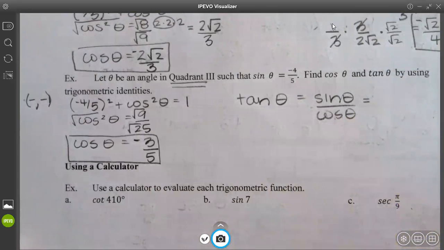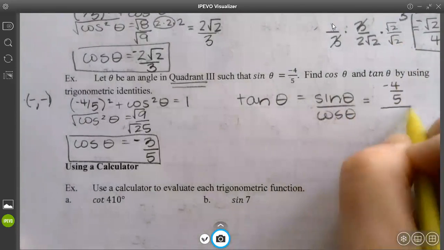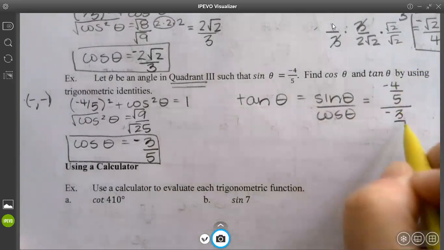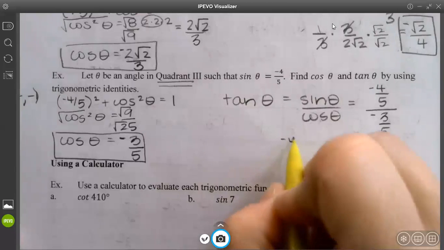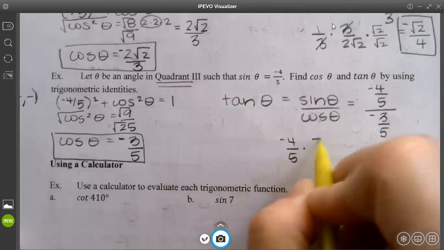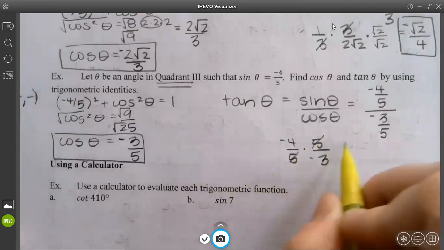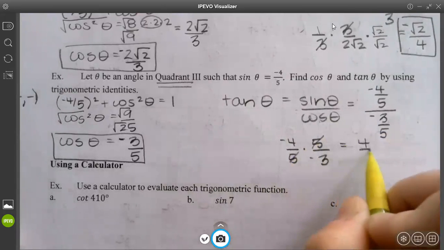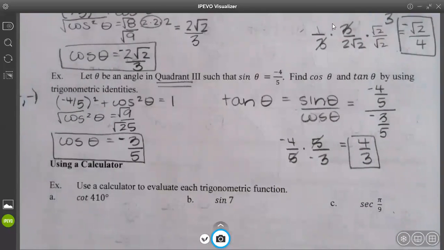What was your sine? -4. What was your cosine? -3. And you're gonna see that it turns itself positive. We don't divide, flip and multiply. Your fives will cancel out and you're left with 4/3. And again, it should be positive in quadrant 3.